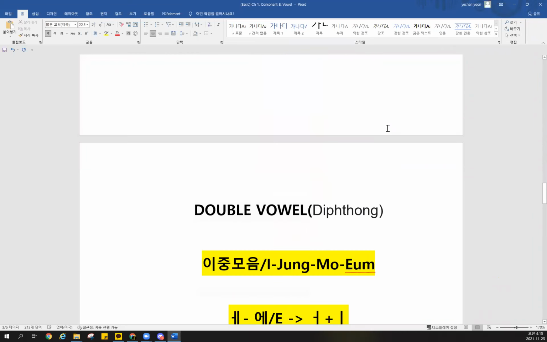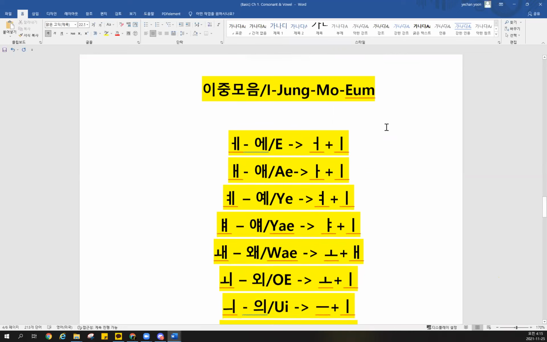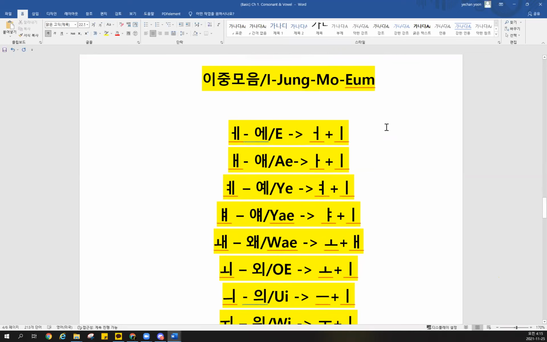How about the double vowels? It's going to be a bit difficult, but if you memorize it, it's going to be really easy. Okay. They have the same pronunciation but different writing. Then how can we compare them?